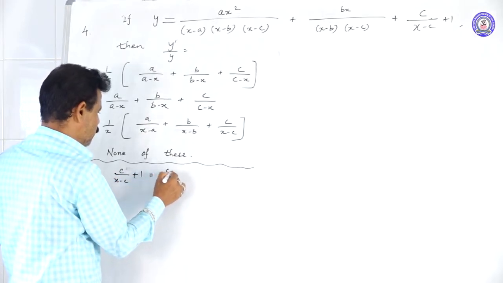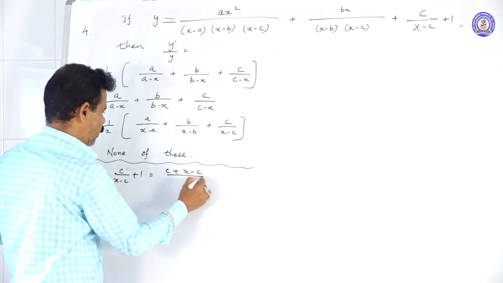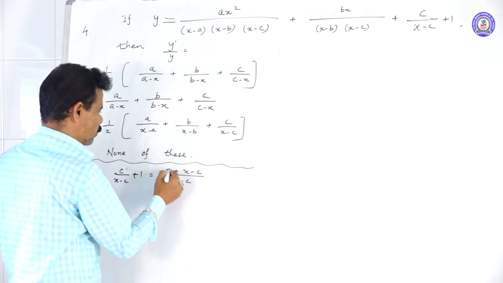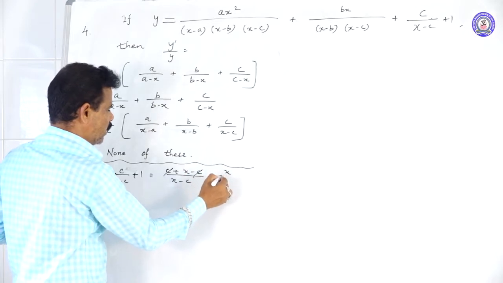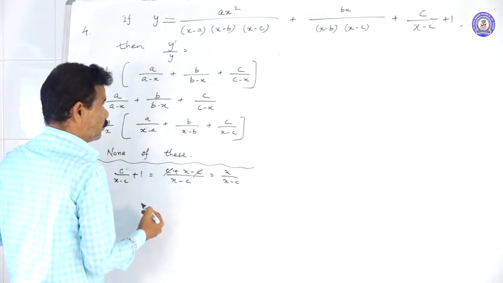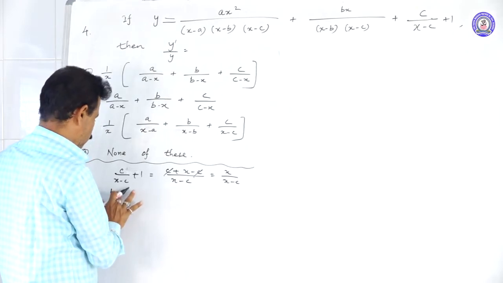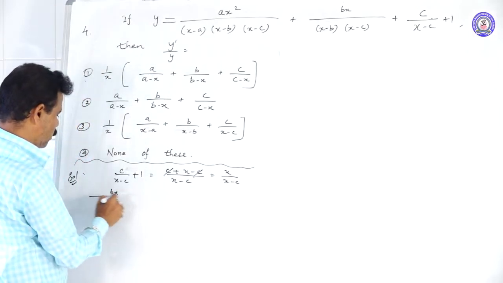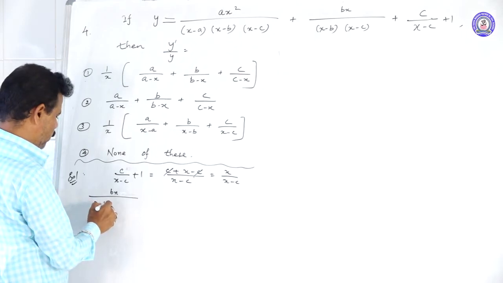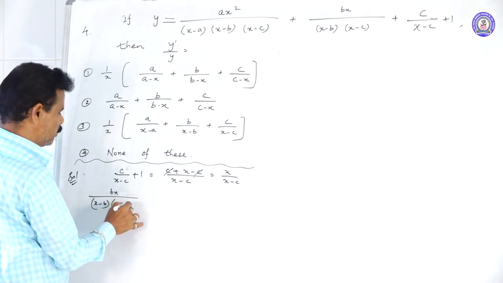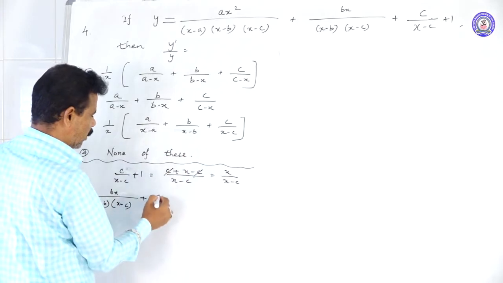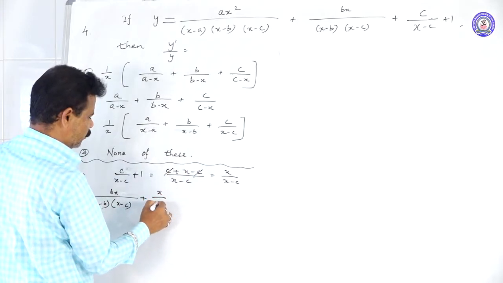What is this? c plus x minus c by x minus c. So c cancels. It is x by x minus c. After that, bx by x minus b, x minus c plus that term x by x minus c.